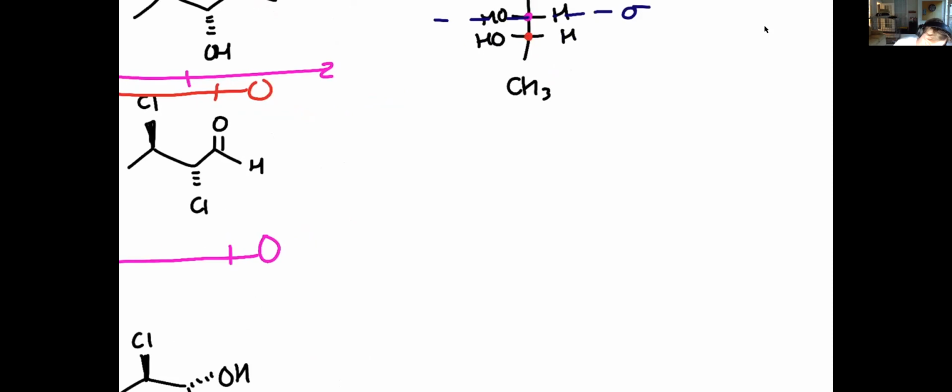So let's get our backbone. And then we have two stereo centers that we want to consider. So with this first carbon going downwards, we take the red person's point of view, or I'm sorry, we take the pink person's point of view because they have the groups coming towards them.